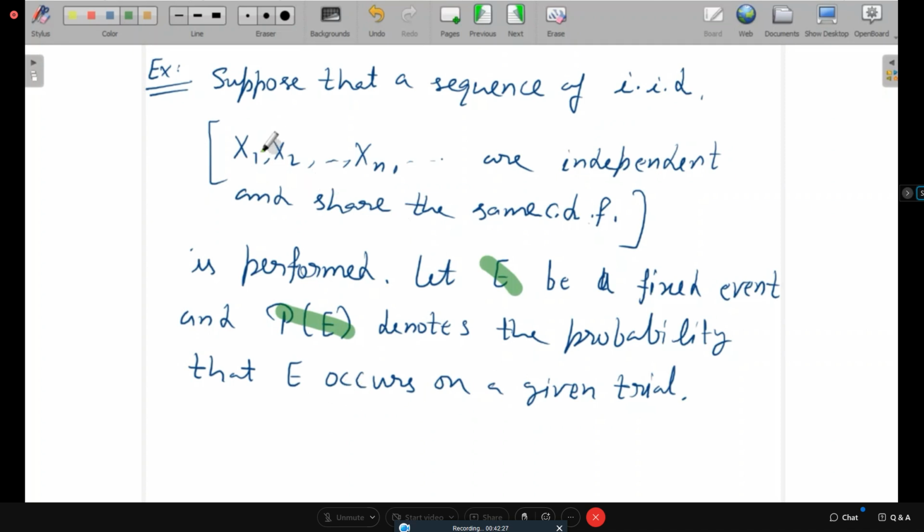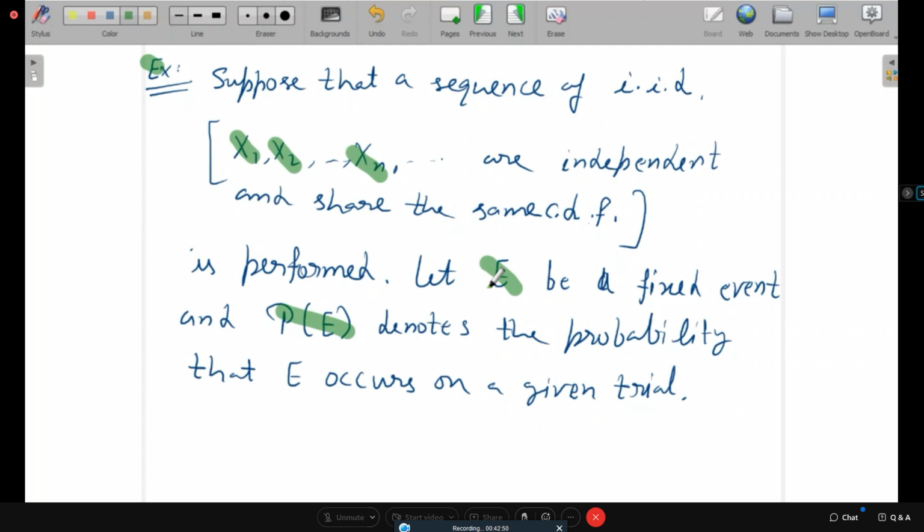We need to specify this, then only we can work, because we are now doing an example, we are not developing research. So we are taking all of them as indicator random variables, which will notice whether E occurs or does not occur.